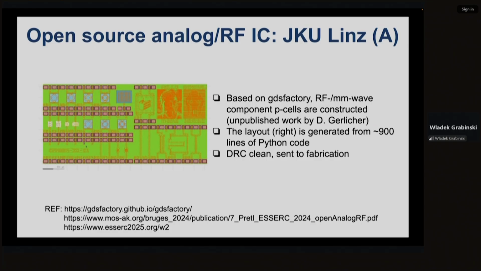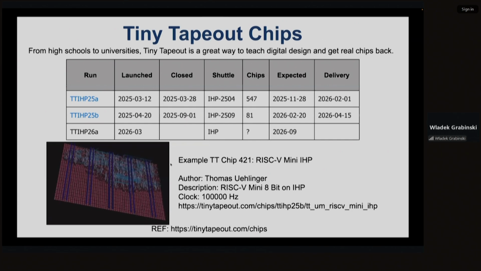As you see, all that you have on the left-hand side was generated purely by coding the layout, without any human interaction. I was referring to Tiny Tapeout. This is an alternative mainly for digital design.